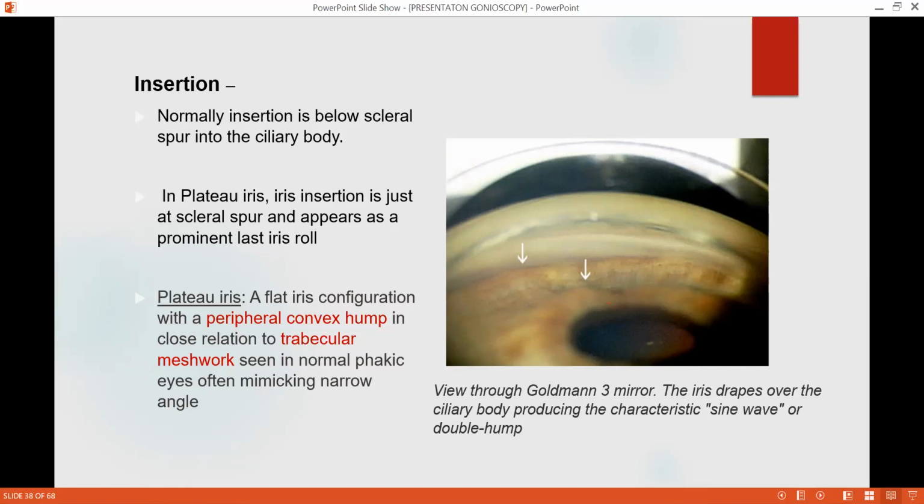So it produces a characteristic sine wave appearance or a double hump appearance. You can see this on indentation gonioscopy. If you perform a routine standard gonioscopy, you may confuse this with a narrow angle. So you need to perform indentation gonioscopy to find out whether it is a plateau iris or actually a narrow angle.